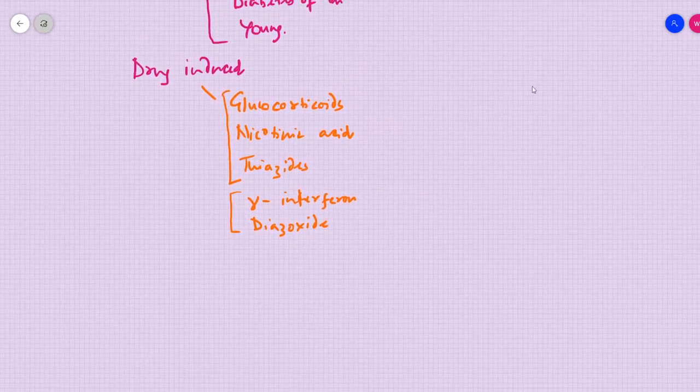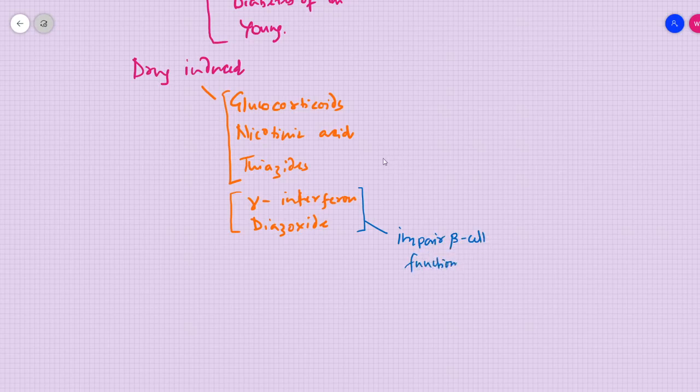If we look at these drugs, they are slightly different. These two drugs impair beta cell function, and these others worsen the insulin resistance.